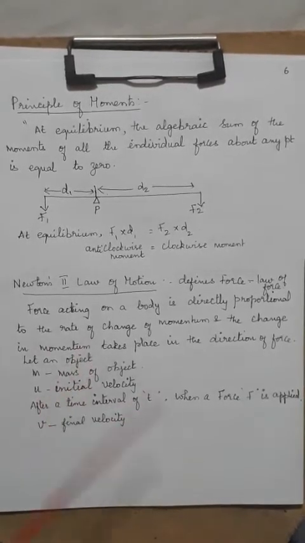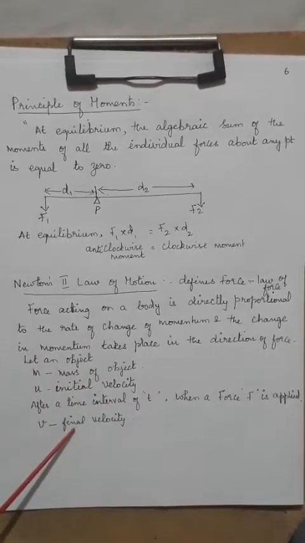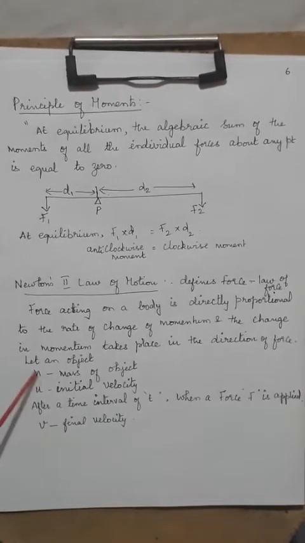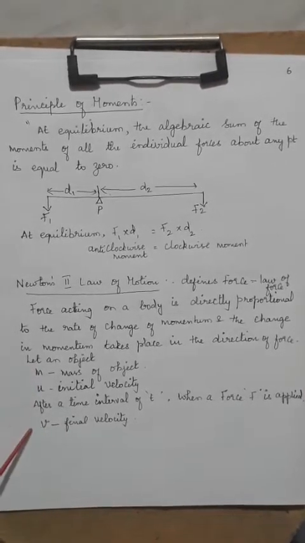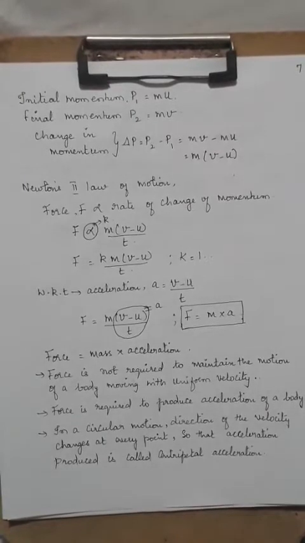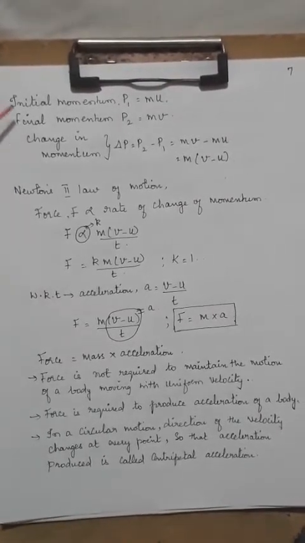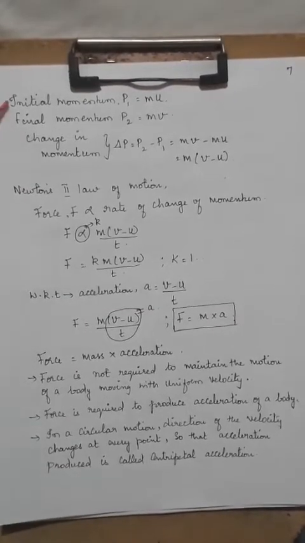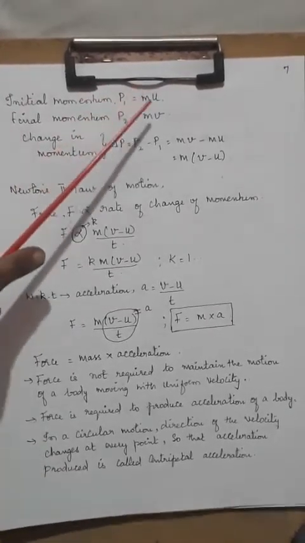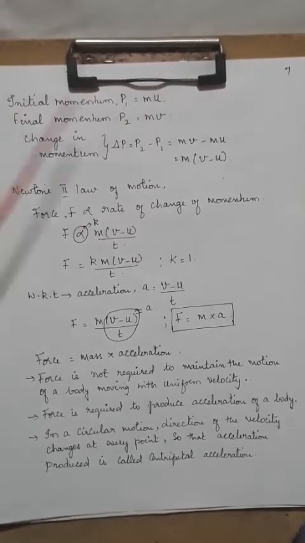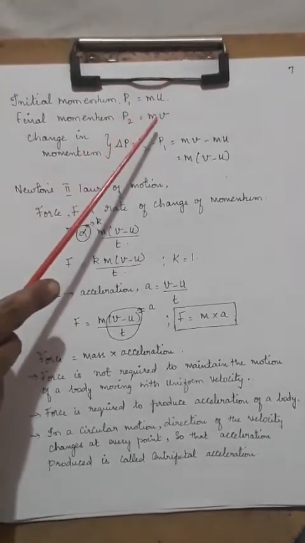After the force is applied, the velocity changes to v. So these are what I have considered. Here I need to find the rate of change of momentum. For that I need to find the initial momentum. Initial momentum P1 will be equal to m into u. Final momentum P2 will be equal to m into v.